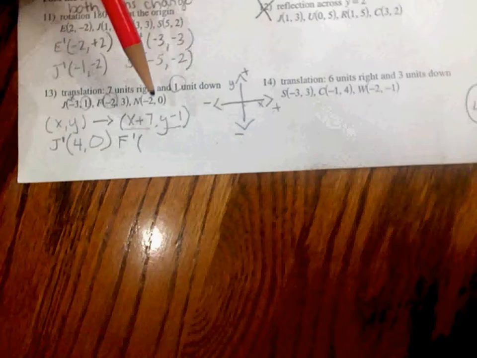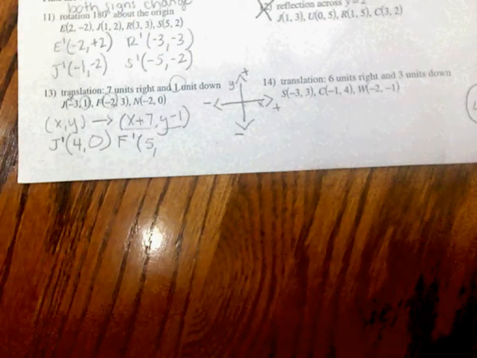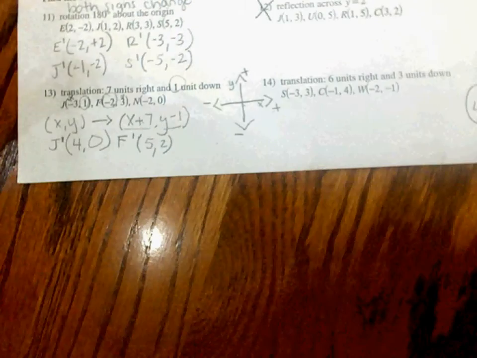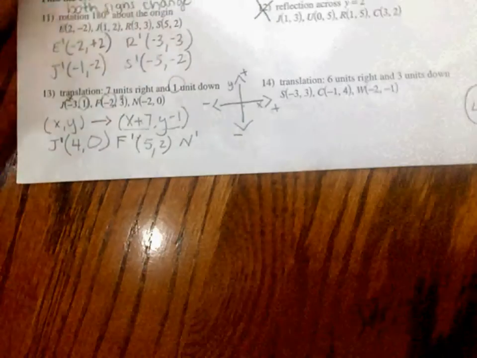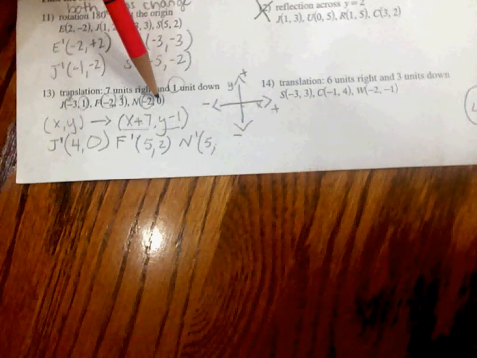So we'll do negative 2 plus 7, and that's 5. And then our y value is 3. So 3 minus 1 is 2. And then N prime. Our x is negative 2. So negative 2 plus 7, that's 5. Our y value is 0. So 0 minus 1, that's negative 1.